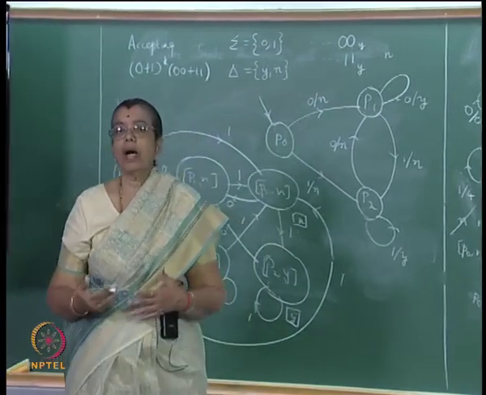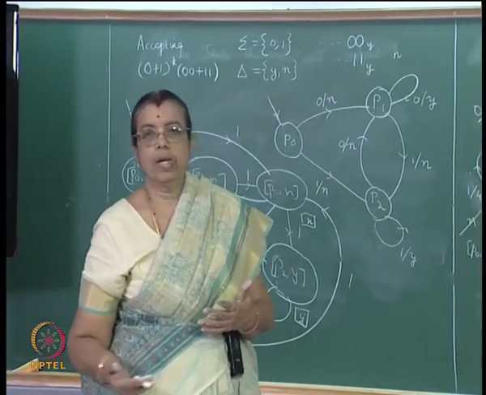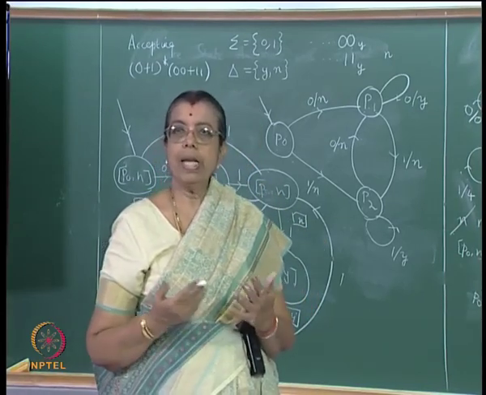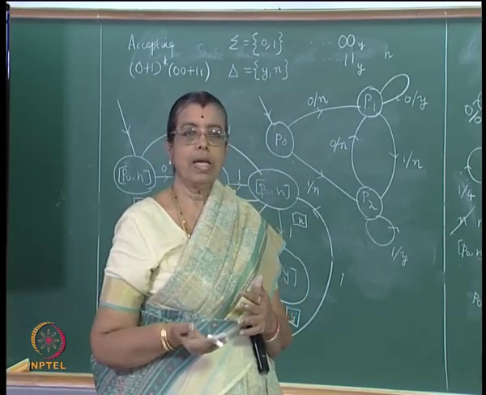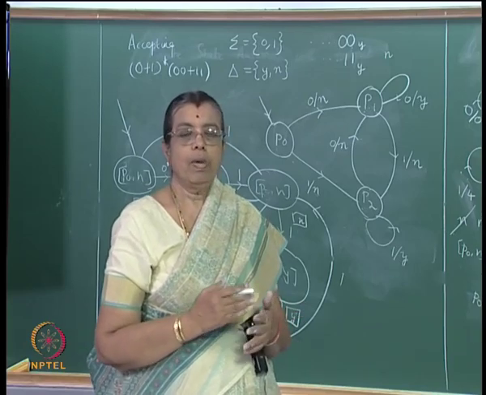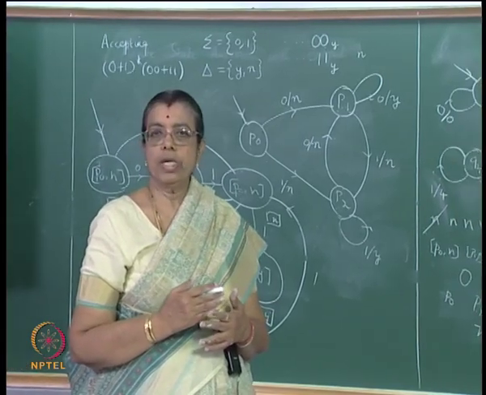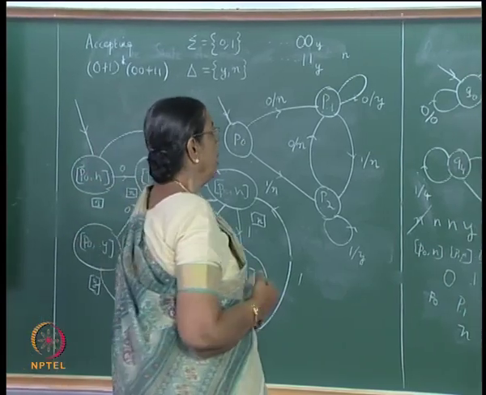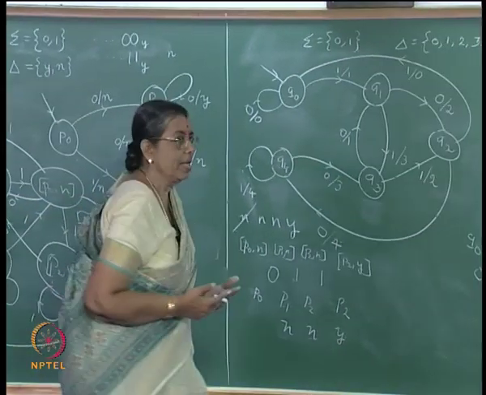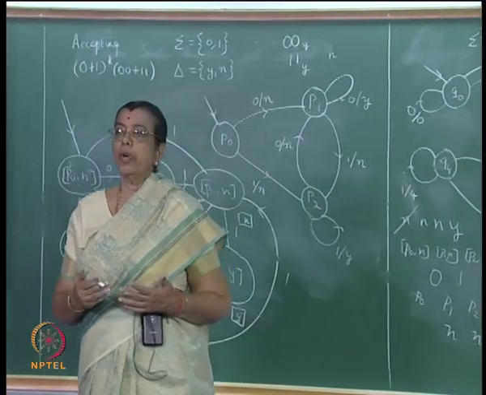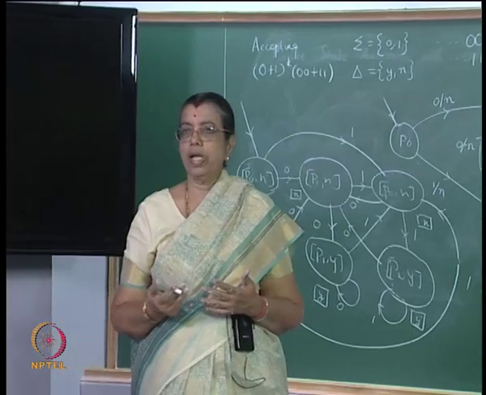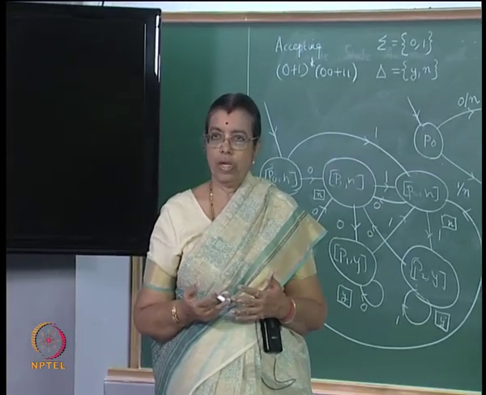So, given a Moore machine you can construct an equivalent Mealy machine, and given a Mealy machine you can construct an equivalent Moore machine. Only thing is, in the case of a Moore machine you have to ignore the first output symbol. So, they are really equivalent models, and depending upon the purpose you have in mind, you either construct a Moore machine or you construct a Mealy machine, whatever you want.